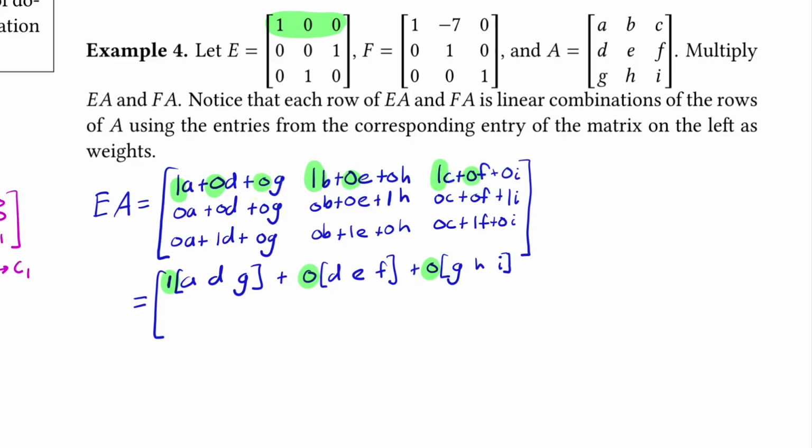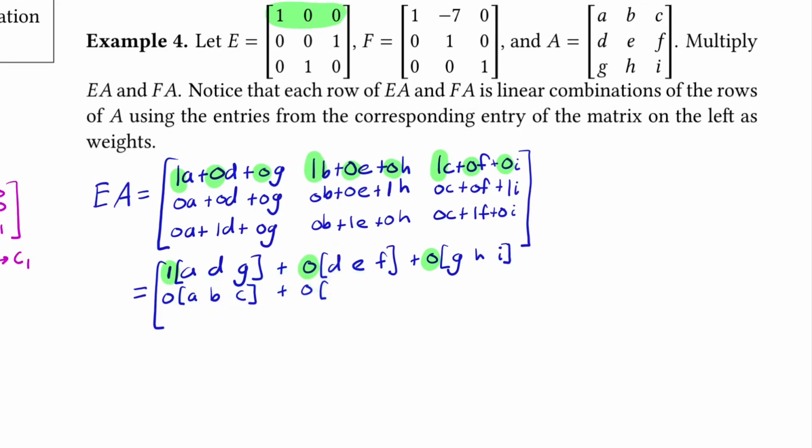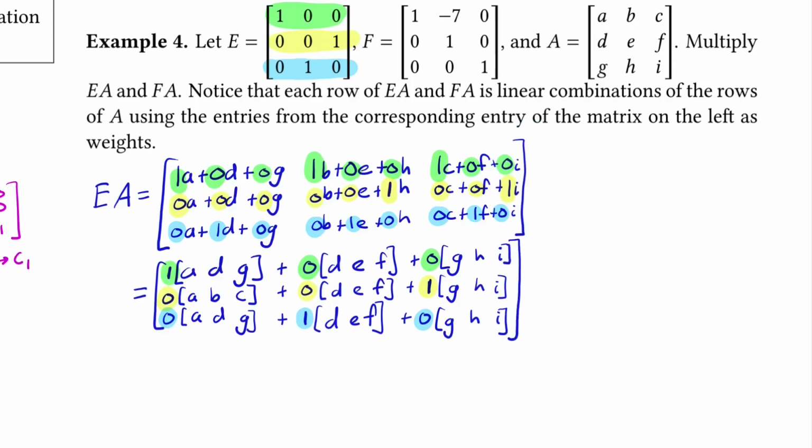And this 0 comes from here, here, and here. And likewise, we could do the same thing with the second row and the third row. Like so. So, yeah, this works out in a similar way.